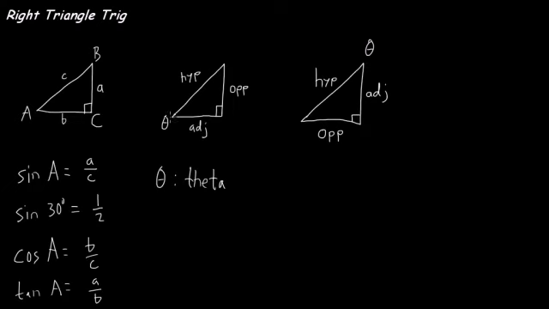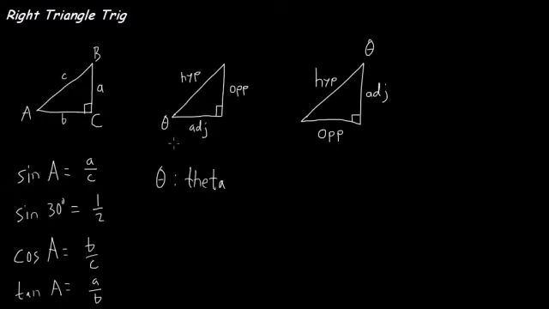You label that one first. Then you look at angle theta and look at the opposite side, and you call that opposite, so OPP for opposite. And then the only other side is a side that we call adjacent to angle theta. Just don't confuse it with the hypotenuse. The hypotenuse is also adjacent to theta, but it's a special side because it's the longest. So the other adjacent side is what we call adjacent.